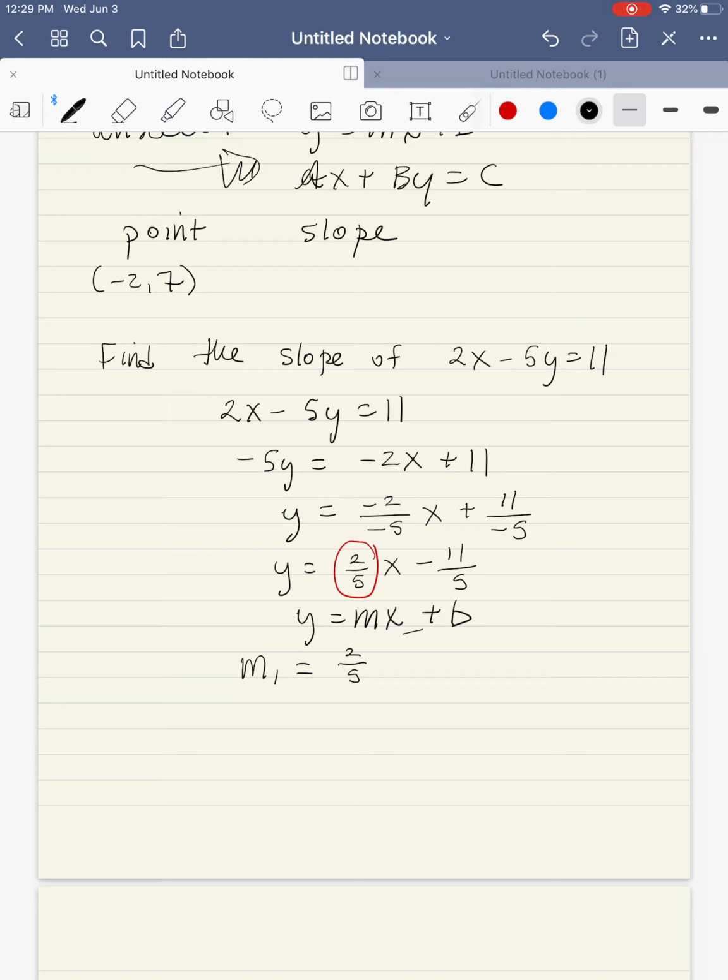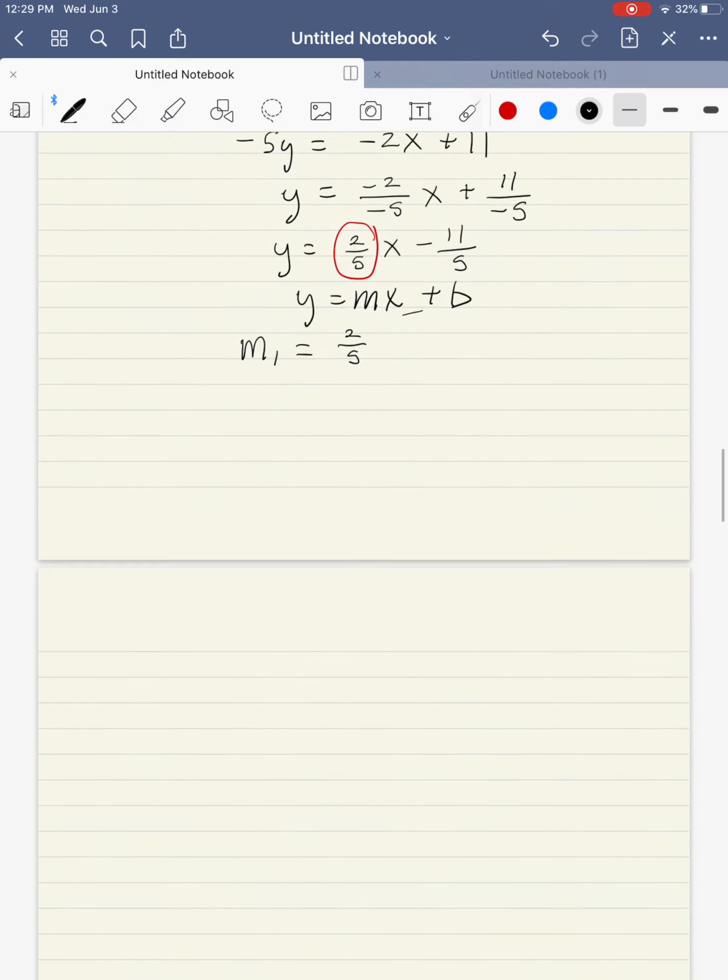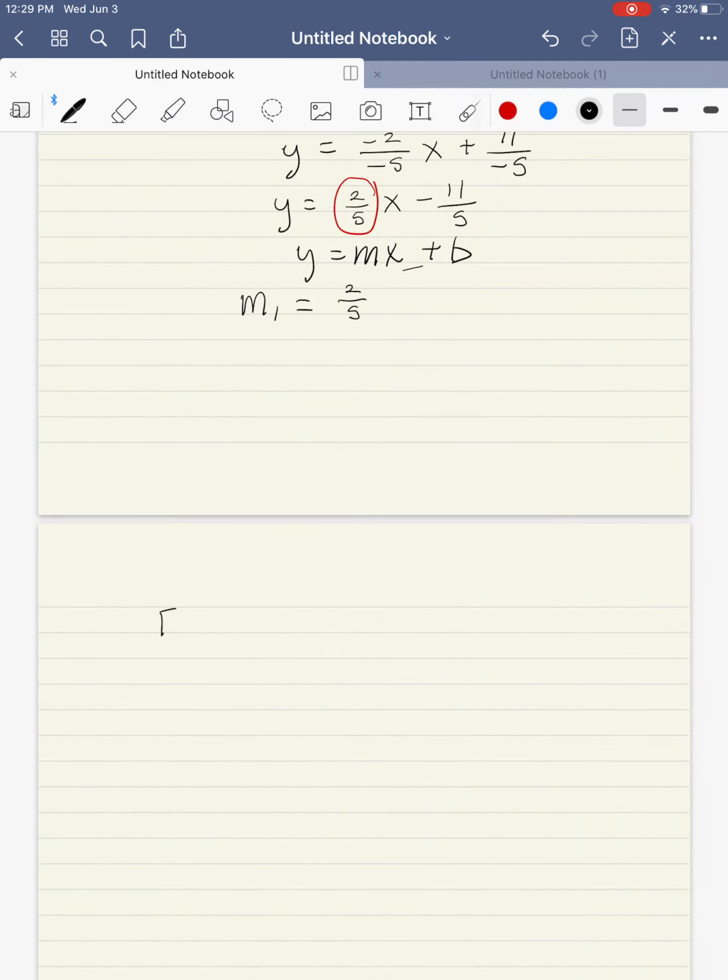So now I have the slope of the line I'm looking for, this second line that I'm trying to find. Because the two lines are parallel, my slope is also 2/5.